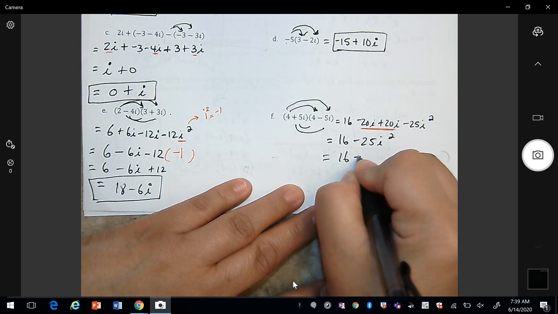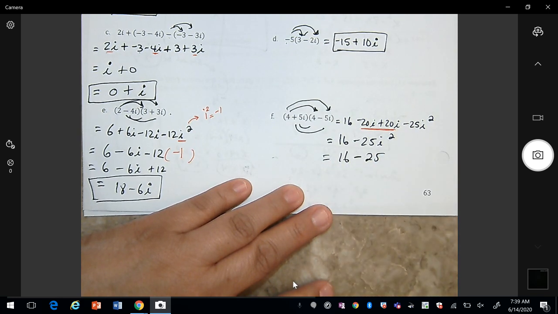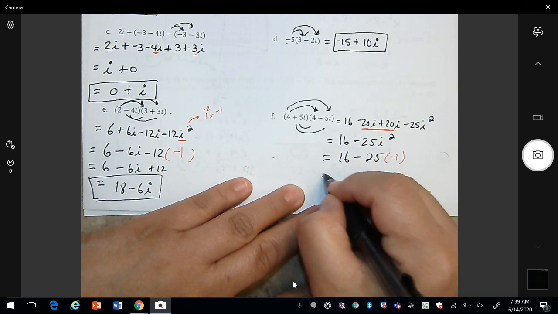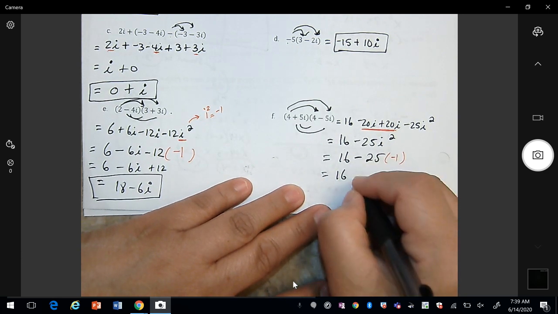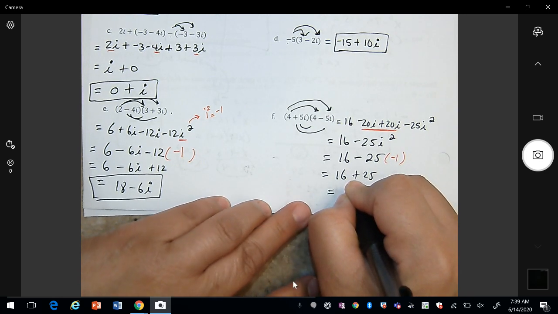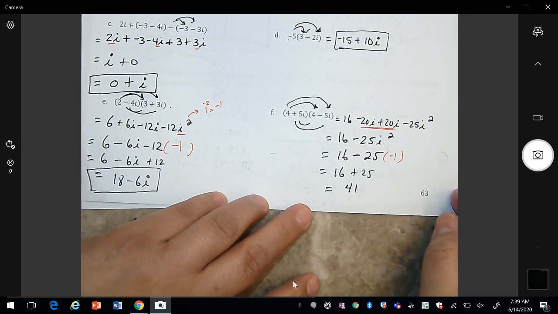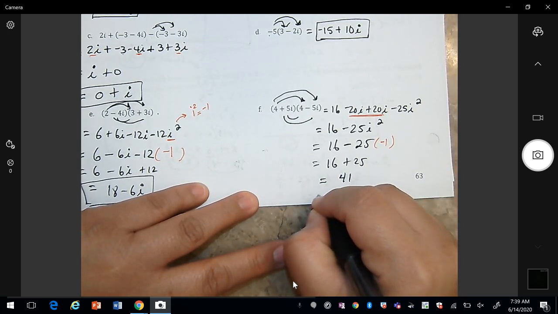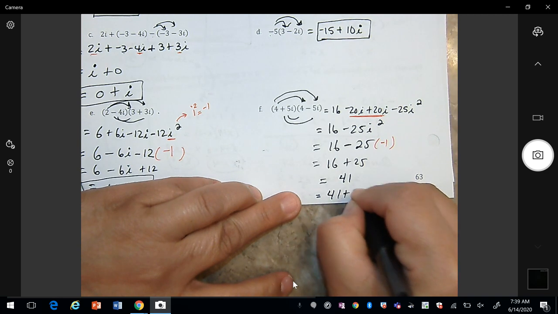So we get 16 minus 25. Instead of i squared, I can replace it with a negative 1. So we end up with negative, and negative is positive 25, equal to 41. Okay. In standard form, this would be 41 plus 0i.